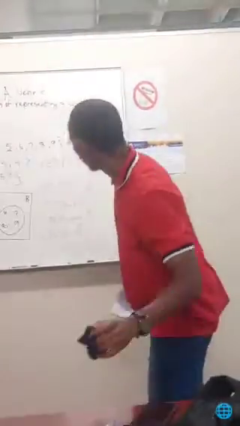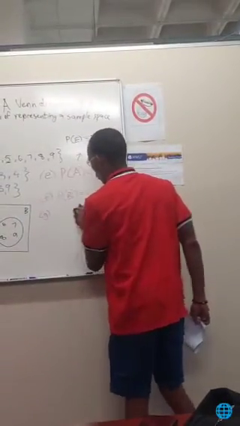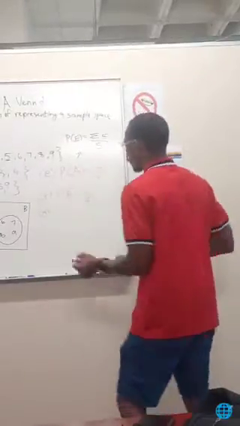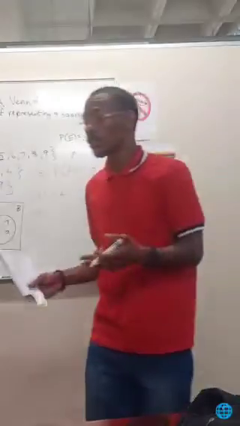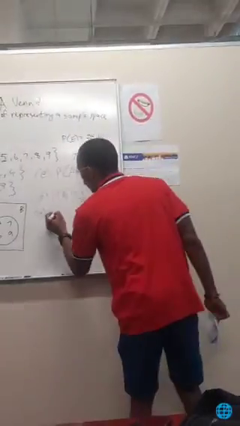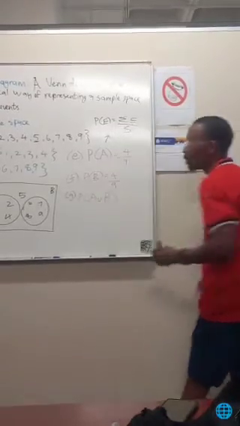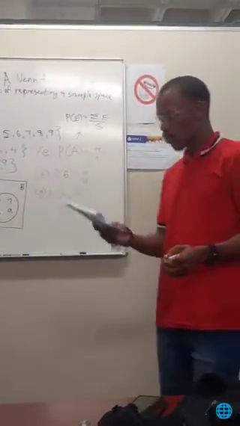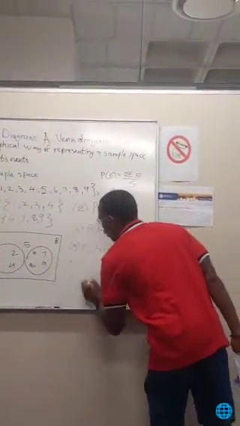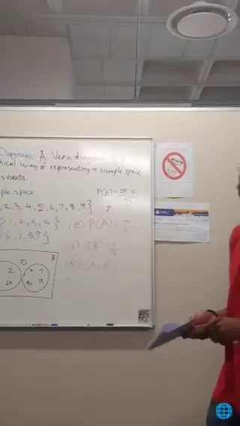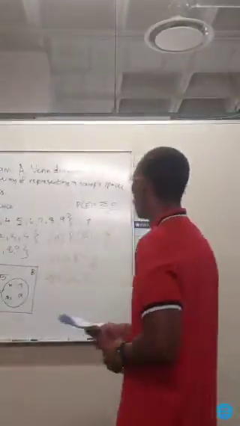So here, let me show you the proper way to write it in your tests and exams. The probability of event A or event B, right? So now, what do we do from here? Addition of probabilities.